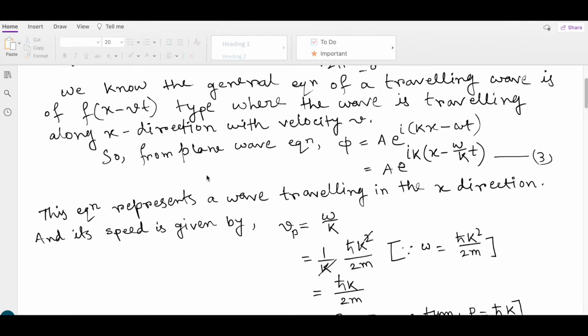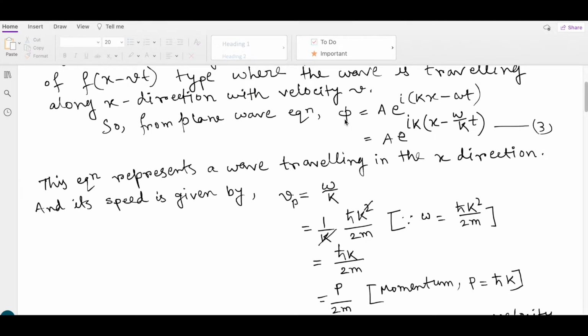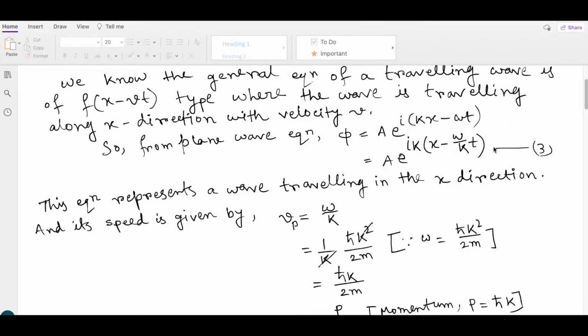So from the plane wave equation phi equals A e to the power i(kx minus omega t), after taking k out of the bracket, we get x minus (omega by k) t. This equation represents a wave traveling in the x direction, and its velocity is given by omega by k.